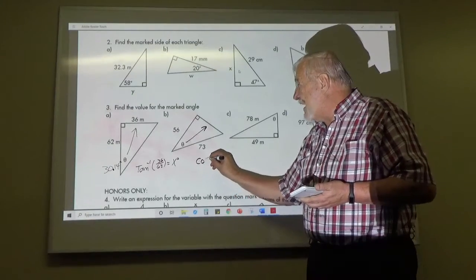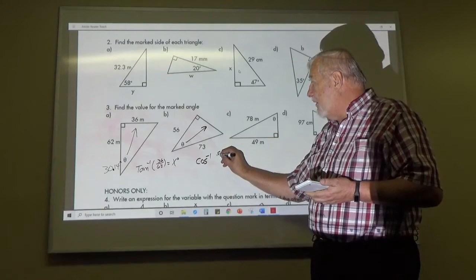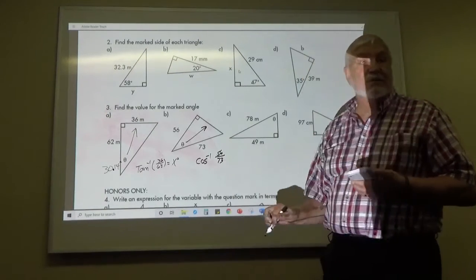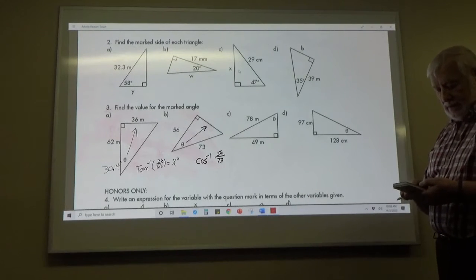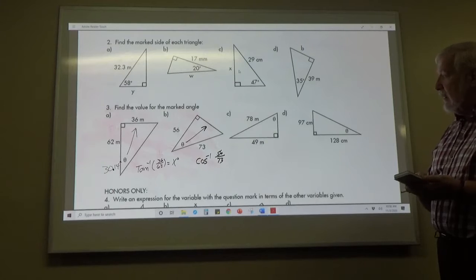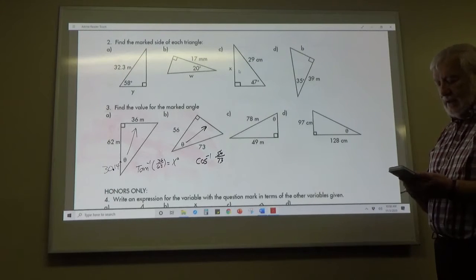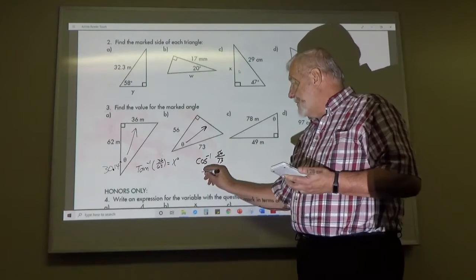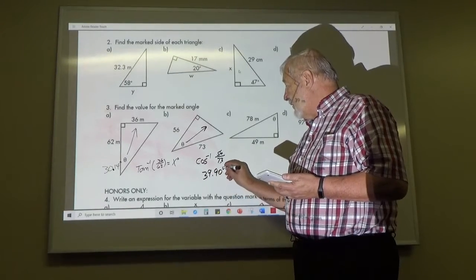And so I want inverse cosine so that I have cosine -1 of 56, that leg divided by the hypotenuse. All right, so inverse cosine of 56 divided by 73, and that gives me 39.90 degrees.